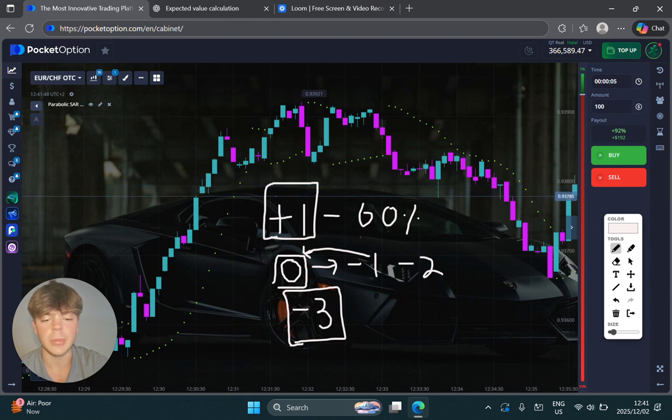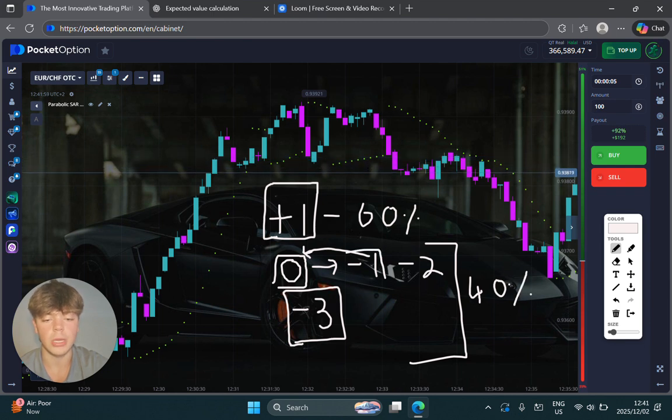So because this is 60%, that means that the probability of hitting a 0 or -3 is 40%. But now what you'll find is that because you go into drawdown, you go into -1 here, the probability, because of the power of hitting a +1, is 60%. That means there's actually a 60% chance that you would still hit break even, right?